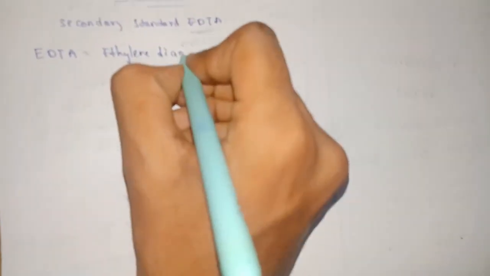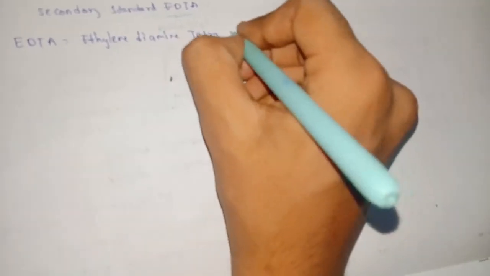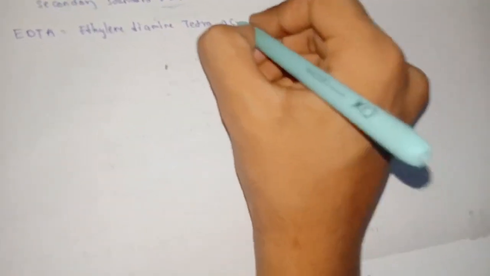So what is EDTA? EDTA is nothing but ethylene diamine tetraacetate ion, or acetic acid, whatever. So what is the structure?